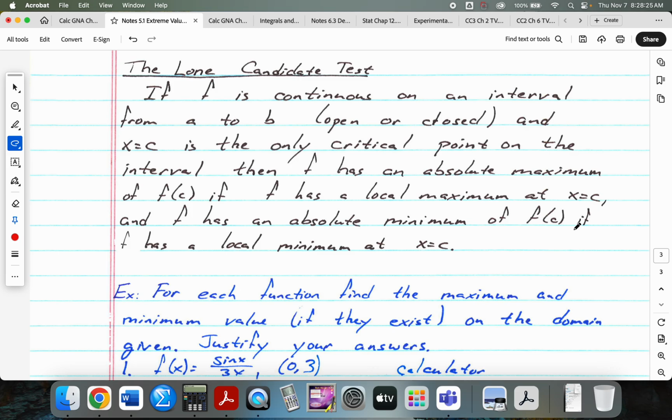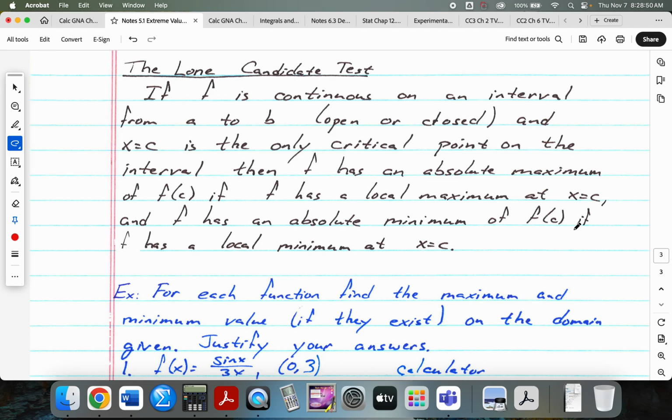So the question becomes, well, what if you don't have a closed interval? If you don't have a closed interval, you have to use something that, again, your book doesn't call it this, and not all textbooks do, but I always have. I call it the lone candidate test.